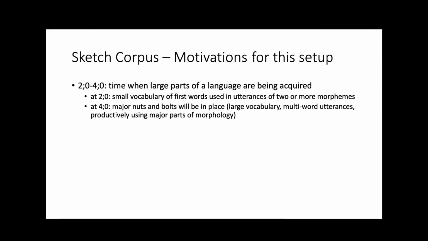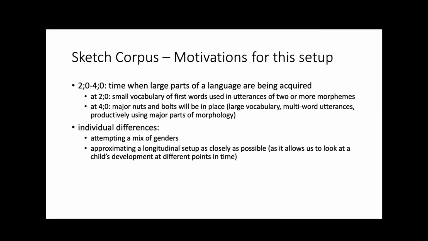But by the age of 4, a lot of the major nuts and bolts of language will be in place. They'll have a much larger vocabulary than they had when they were 2. They'll be producing multi-word utterances, and they'll be fairly productive in major parts of morphology. So they've made a lot of generalizations that enable productivity.